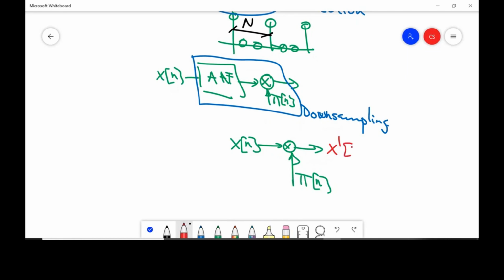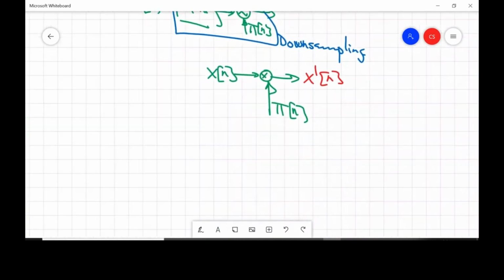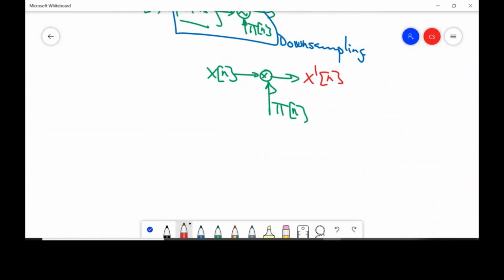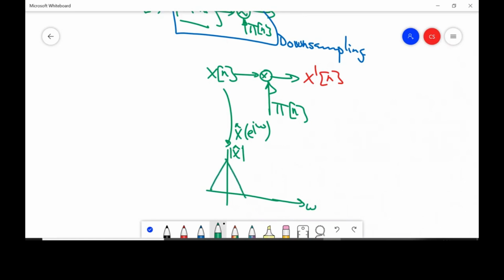We have the decimation here. So what will happen? We have the Fourier transform of this. Let's say it has this shape. This is omega, it has this shape, and it goes to omega maximum.